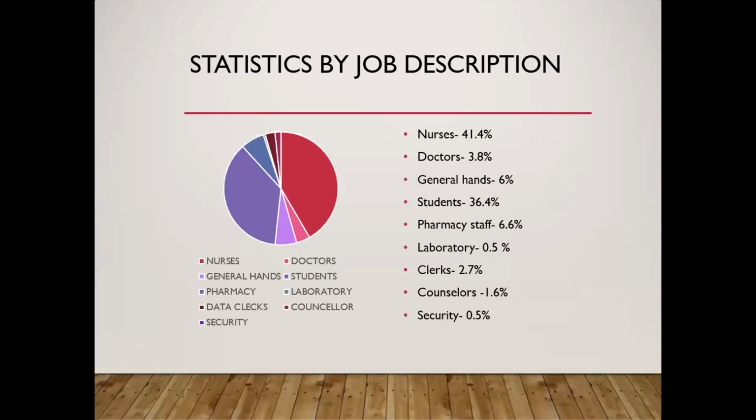So the statistics by job description: 41.4% of the 181 cases were nurses, 3.8% were doctors, 6% general hands, 36.4% were students, student nurses and also student midwives, and 6.6% was our pharmacy staff. 0.5% was the staff from lab, and our clerks constituted 2.7% of the statistics.